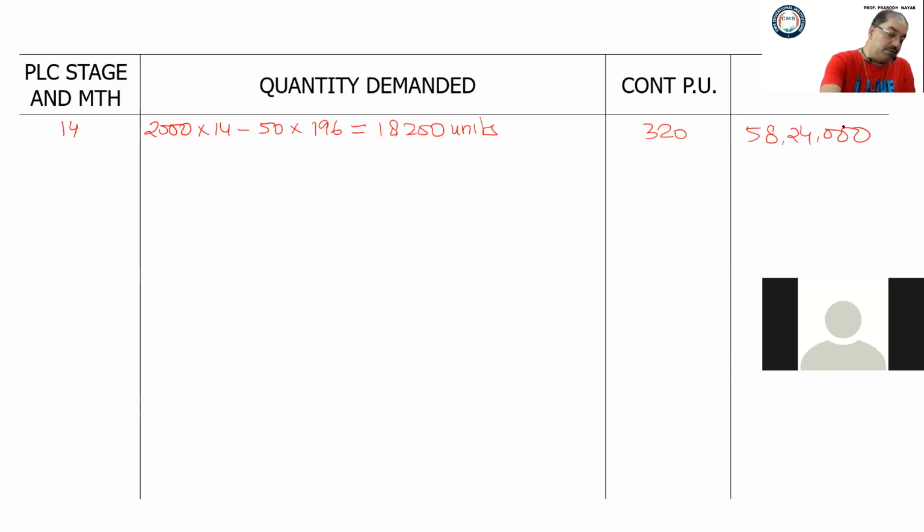Month number 15. 2000 into 15 minus 50 into 225 is 18,750 units.